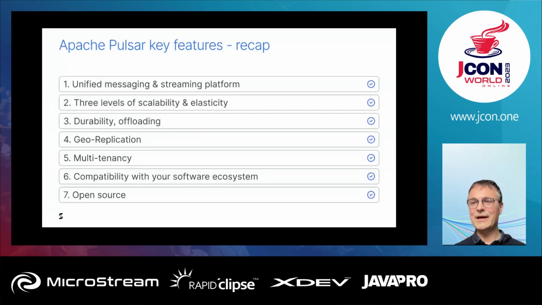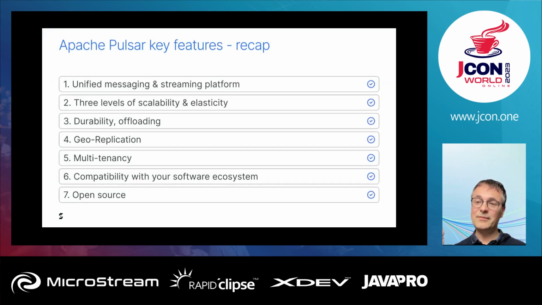So here is a quick recap. Pulsar is a unified messaging and streaming platform handling both patterns, both semantics at the same time. So you have only one platform to manage. Pulsar is doing great at both scaling and being elastic. It provides true elasticity and 3 levels of elasticity.